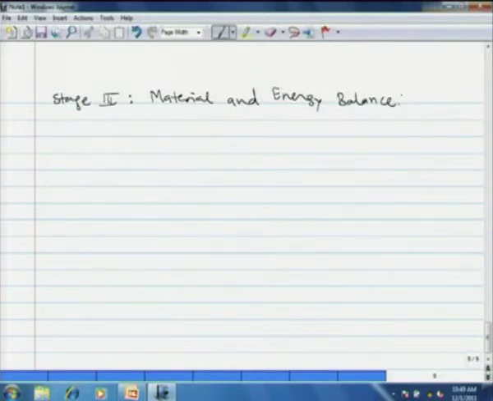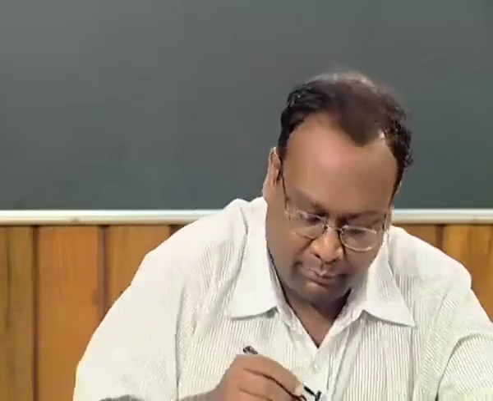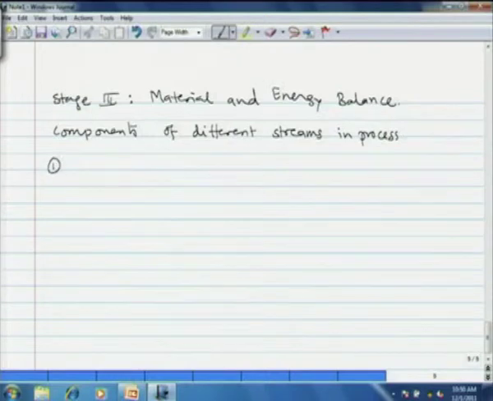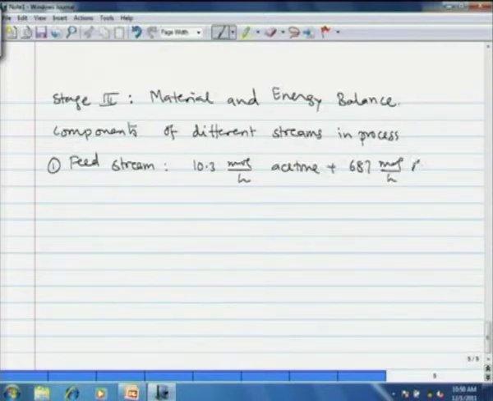Now, before we do that, let us try to identify the components of different streams in the process. The feed stream to absorber has 10.3 mole per hour of acetone and 687 mole per hour of air.